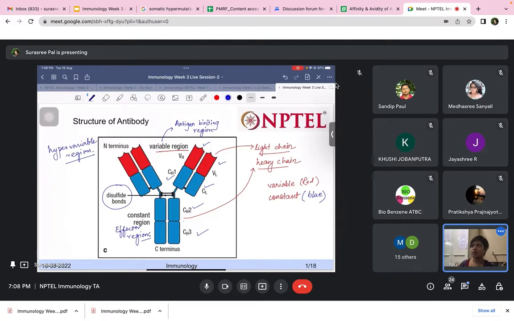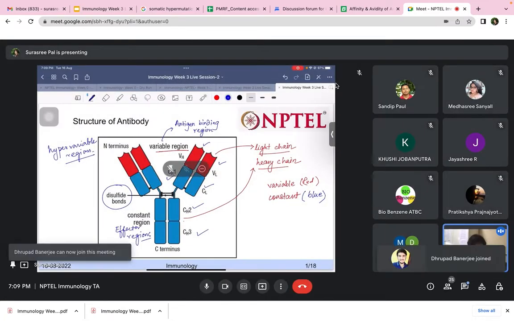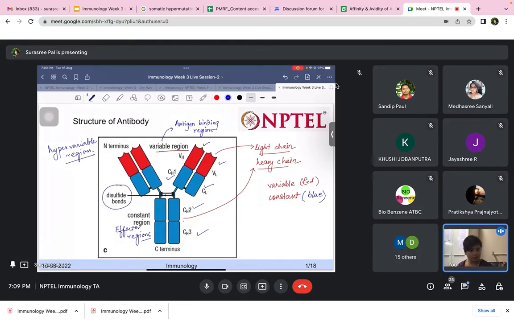It means there are possibilities of generating various types of variable regions which can potentially recognize several types of antigen. And within these variable regions, there are some regions responsible for directly binding to the antigen, which are called the hypervariable regions or the CDRs.